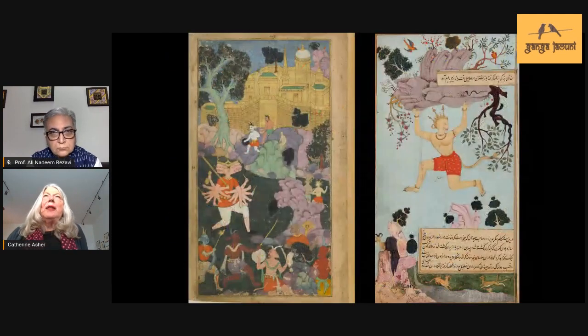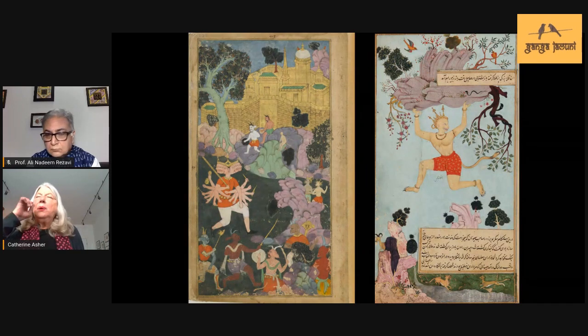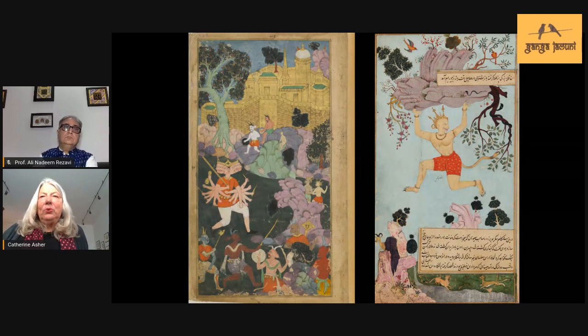is pretty delightful. If you look at some of the images here, there will be Hanuman carrying this great mountain, as you can see on the painting on the right-hand side. It's not the highest quality, but I don't think that really matters. What matters is that we have here the Khan Kanan being the conveyor of Akbar's message of Sulh-i-Kul.